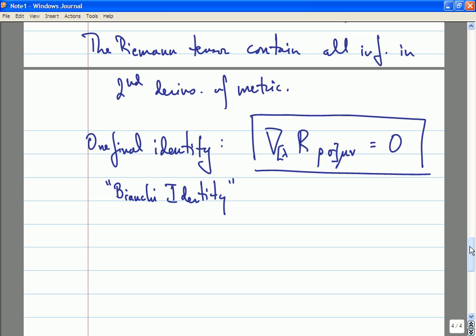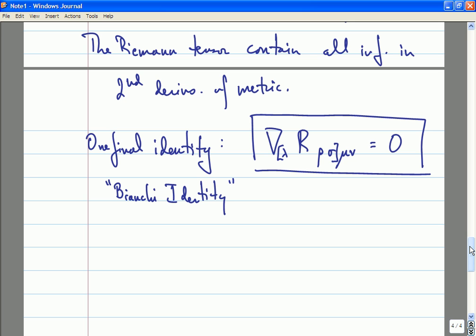You have very rarely dealt with objects with 3 indices, and you probably have never, fortunately or unfortunately, been forced to deal with an object with 4 indices, unless you want to count the volume element in Minkowski space. I suppose that has 4 indices. But aside, you're really not used to dealing with things with 4 indices.